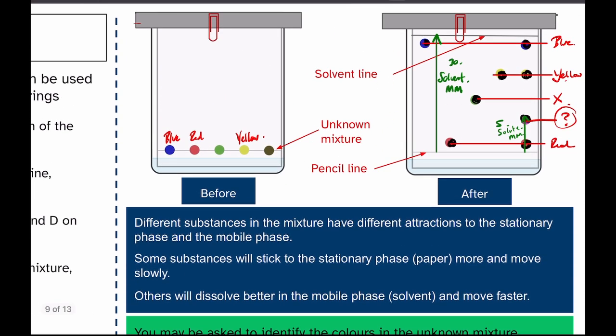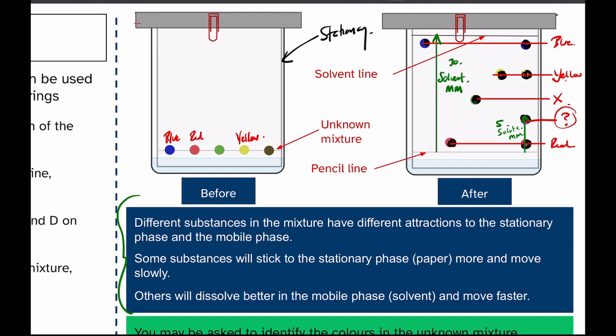All right. The other thing you might get asked is why? Why does this actually happen? And this is, again, an area people find confusing. We're going to talk about two things: the mobile phase and the stationary phase. As odd as it sounds, the stationary phase is the paper itself. So the paper does not move, it stays still.